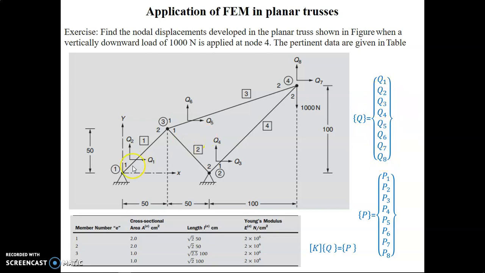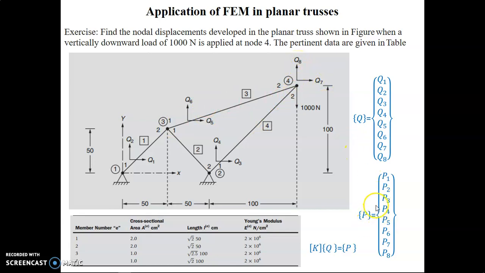Q1 and Q2 correspond to the displacement of the first node. Q1 will be along the x direction and Q2 along the y direction. Similarly, the second node will contribute Q3 and Q4, the third node will contribute Q5 and Q6, and the fourth node will contribute Q7 and Q8.